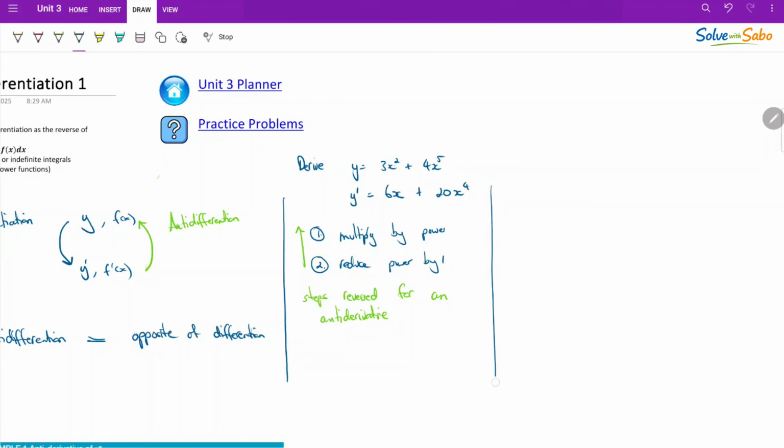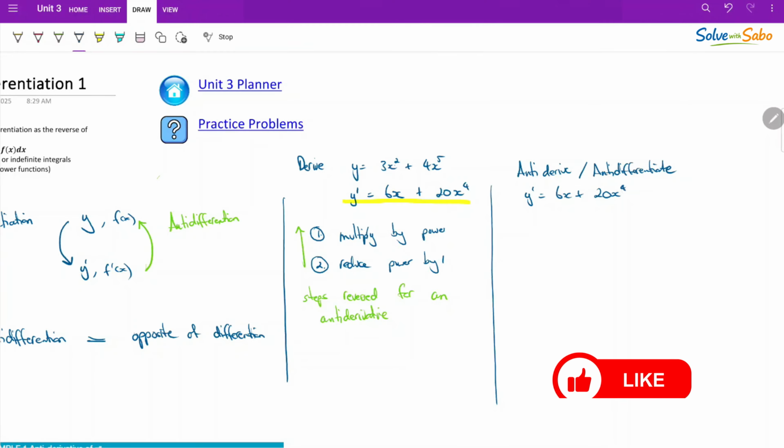Now, the way we write antiderivative is also a little bit different, and we're actually going to start with this exact same equation, because we're going to show you how we can go back to the original equation. So we are going to anti-derive, or anti-differentiate, y dash equals 6x plus 20x to the 4.